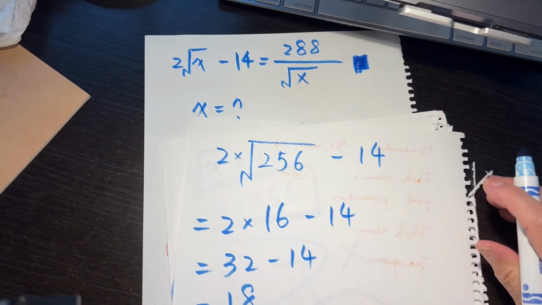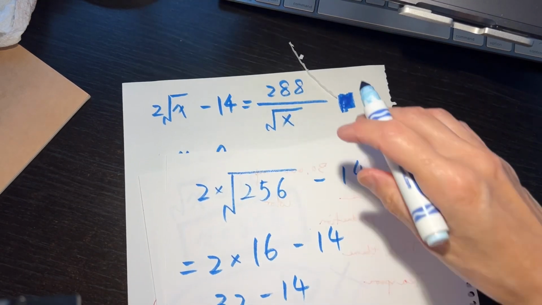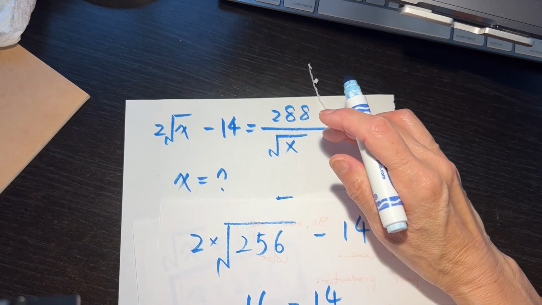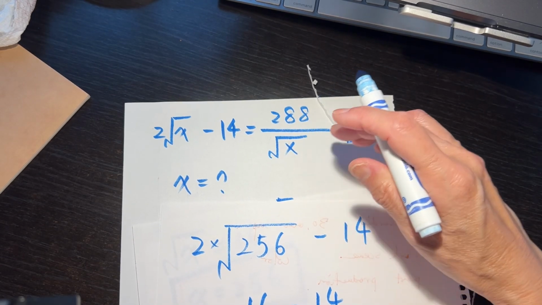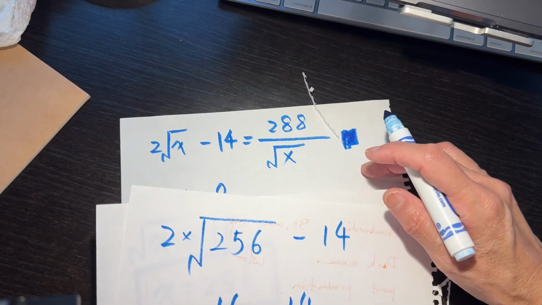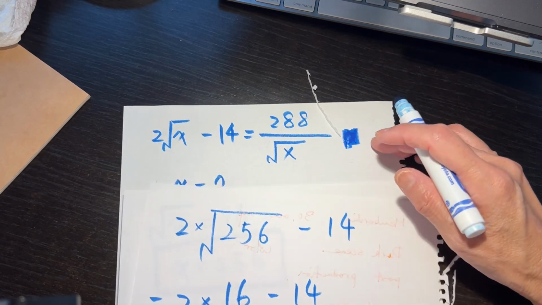On the right side is 288 over square root of x.